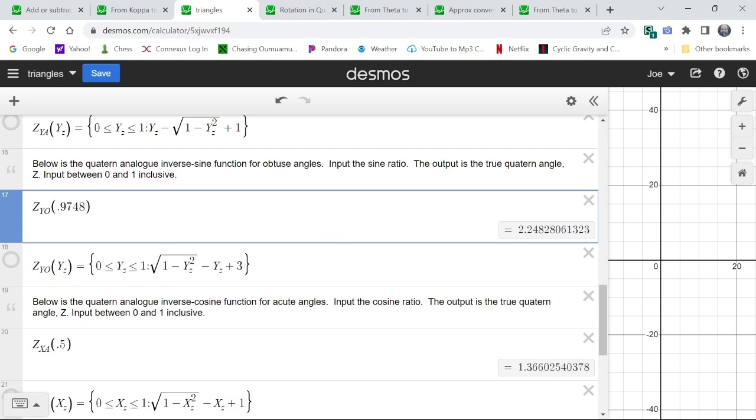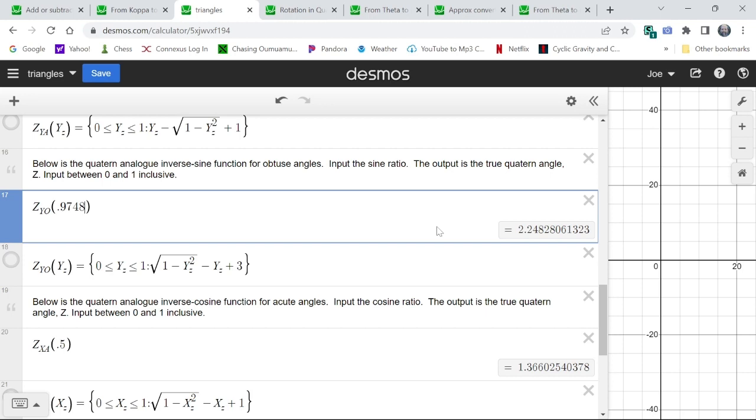Again, all of this can be done algebraically. I provide the formulas in the paper, so none of this is transcendental. Let me write this down here.